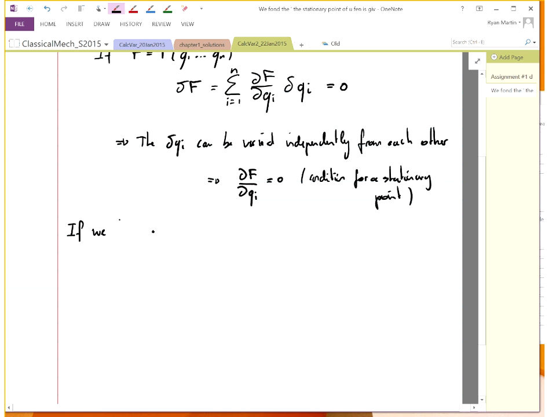Now, if we have a constraint, the delta qi cannot be varied independently from each other.